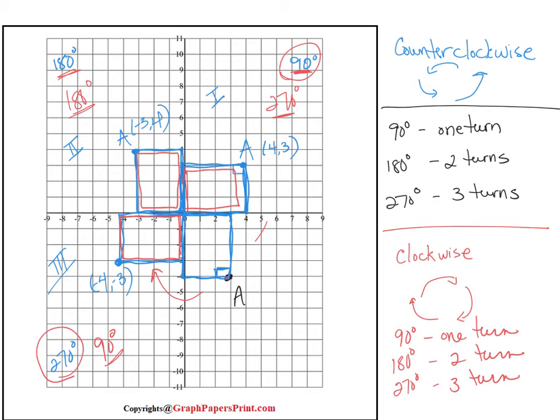Might take some time and some practice, but if you can keep this mental image in your head, that will definitely help. And let's do a quick reminder of our counterclockwise rotation rules.